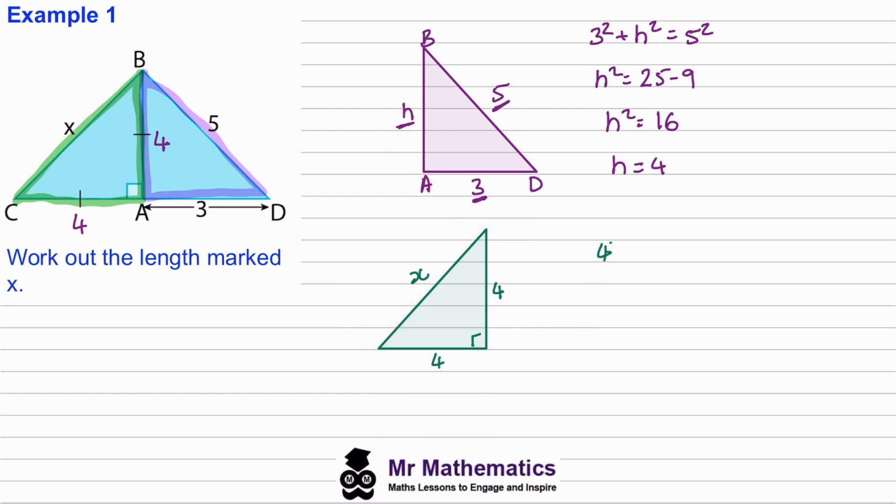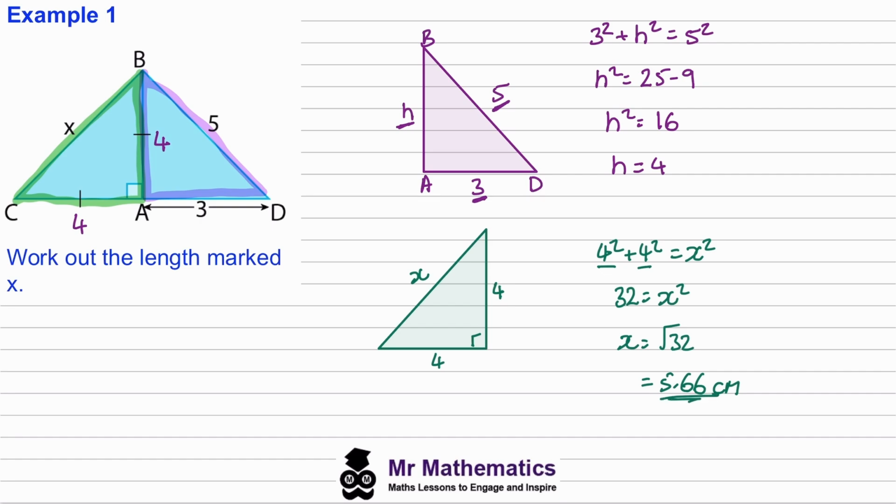So 4 squared plus 4 squared will equal x squared. Well, 4 squared plus 4 squared is 2 lots of 16, so 32 will equal x squared. So x will be the square root of 32. We can work this out and we get approximately 5.66 centimeters to 2 decimal places.